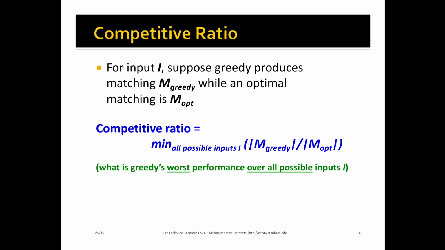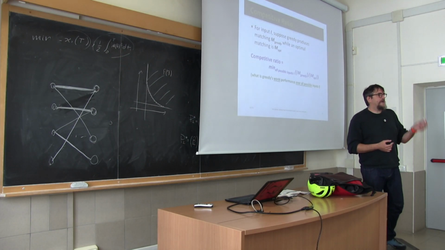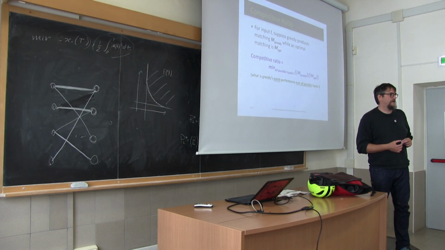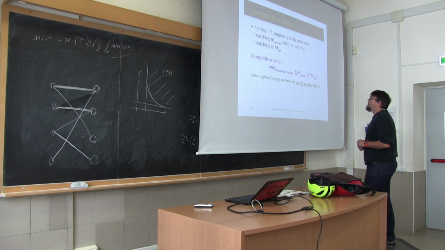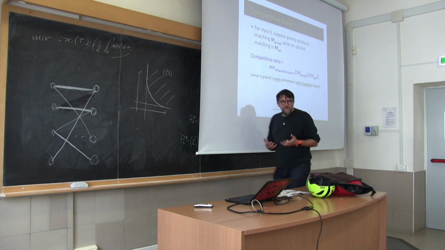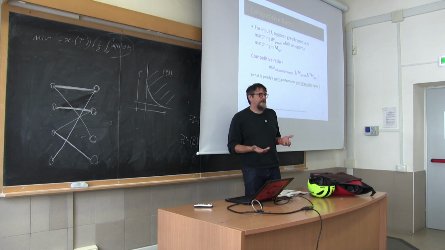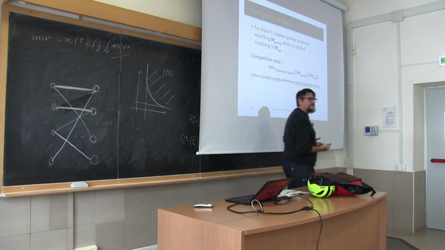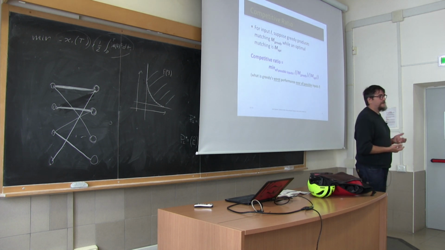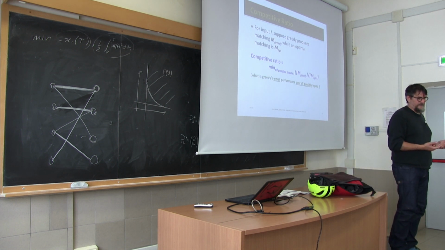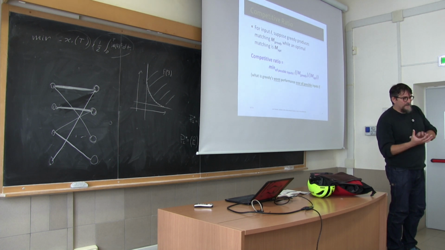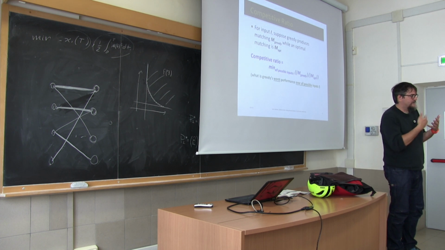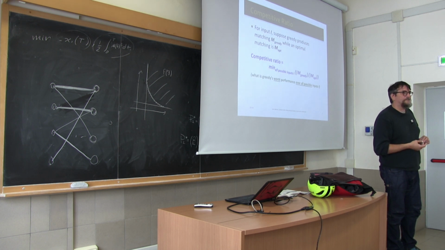You compare your online algorithm with an offline optimum, namely an optimum that knows all the input in advance and can basically provide the best possible solution. Notice that we are comparing something that knows the whole input in advance with our online algorithm that has to take decisions when the input appears over time.